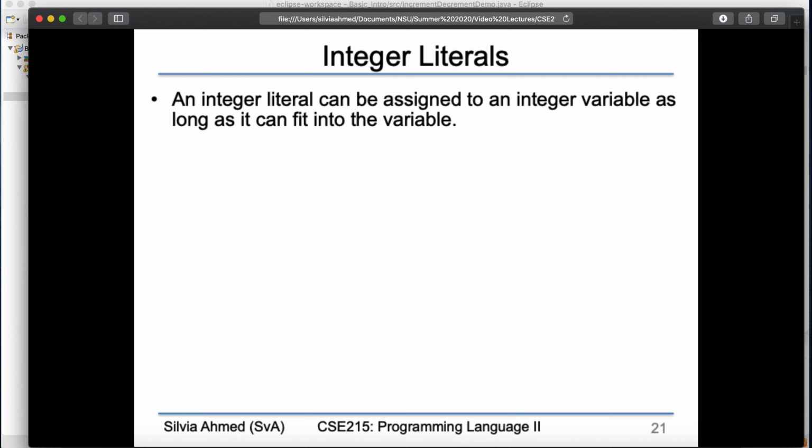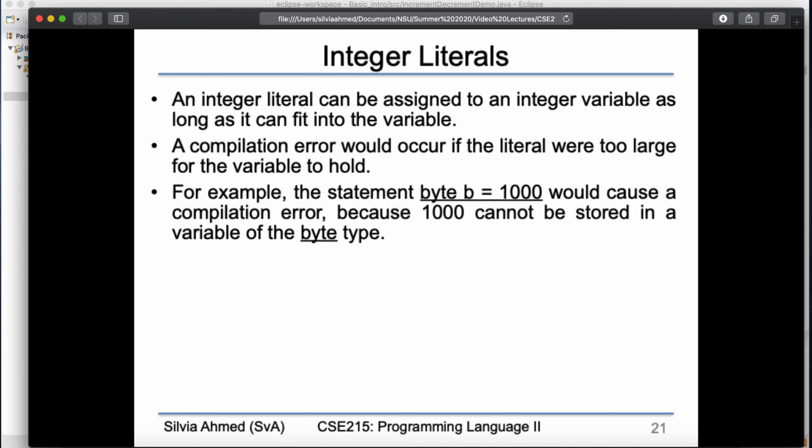For integer literals, as I have mentioned earlier, when you have an integer value and you want to put it in a variable, the type of the variable should match the size of the value. If you want to store 1000 into a byte type variable, that will be an error, because we have seen the acceptable range for the byte type is -128 to +127, and 1000 definitely lies beyond this range, so it cannot fit into 8 bits of the byte type.